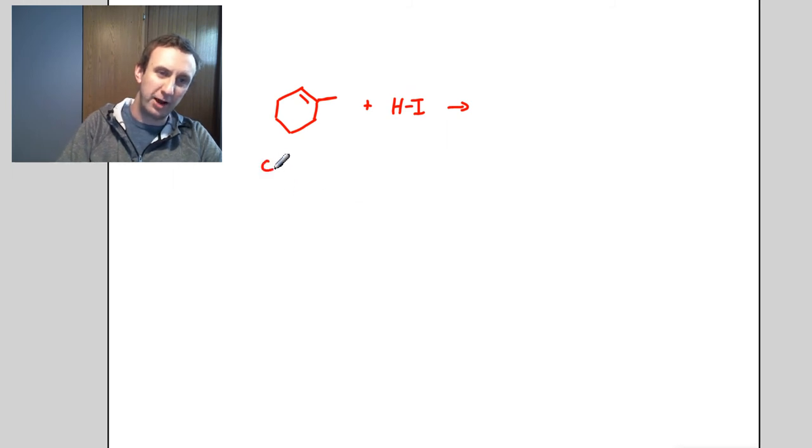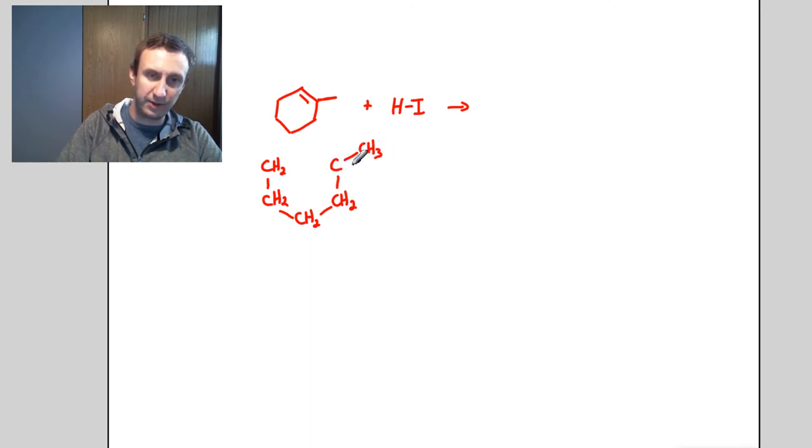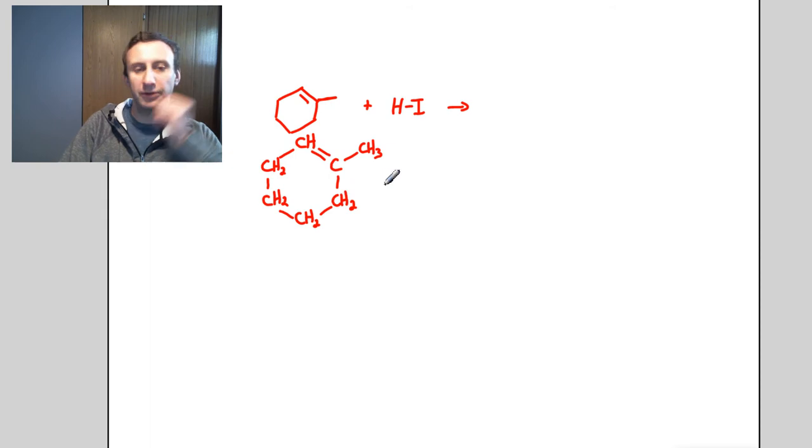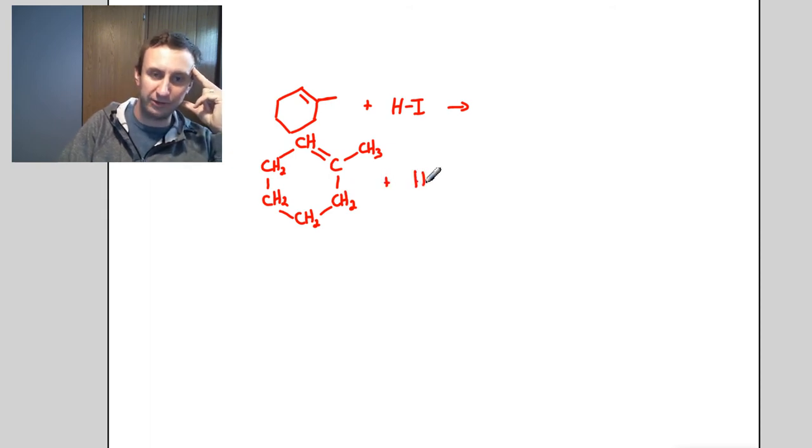I really should draw this out as a condensed structure, because I think that will help you make a little more sense of this. CH2, this has a CH3, and I have a double bond to a CH here, and a single bond. Okay, so this is what I have, and I'm reacting it with HI.